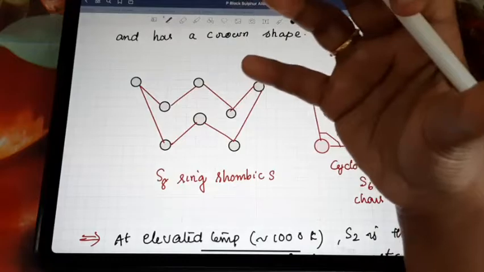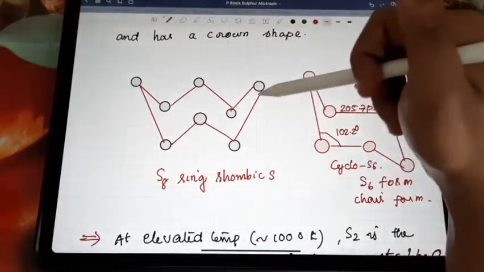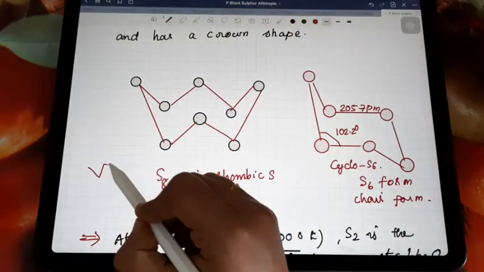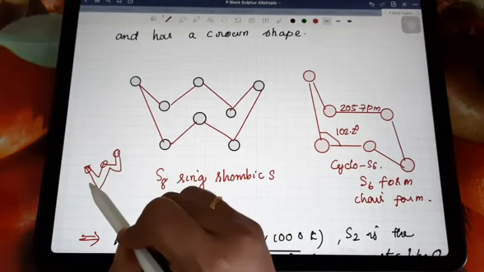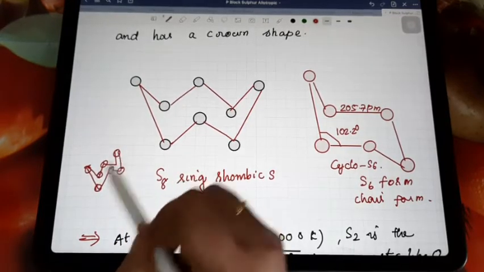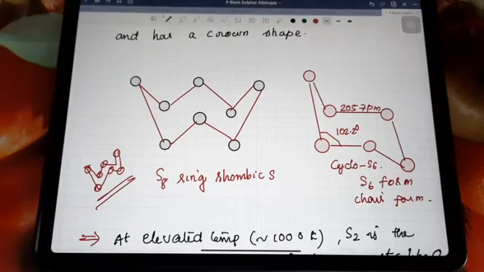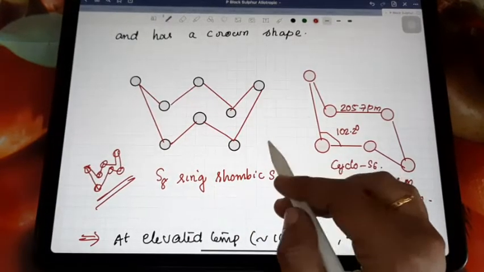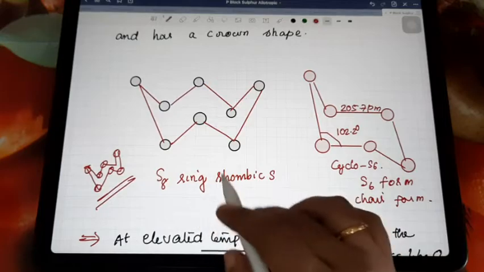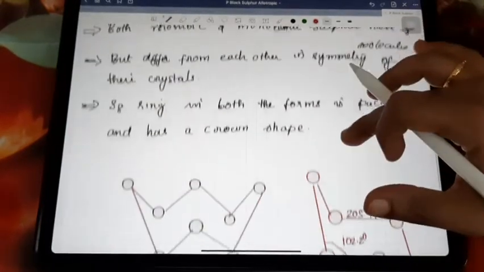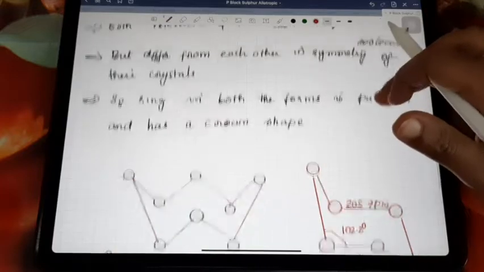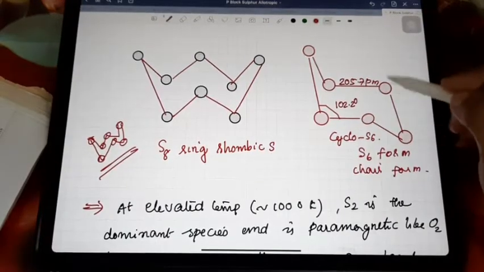When you turn it, you can see the structure like a W. This is the easiest way of drawing it. This is the crown-shaped S8 ring of rhombic sulfur. Here I have drawn monoclinic sulfur. There is a change in the symmetry of the crystal.